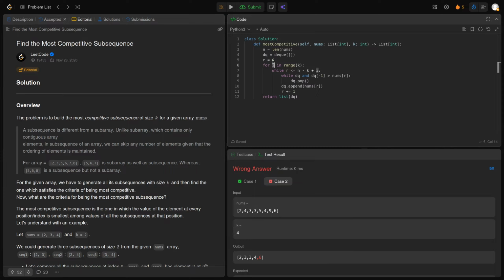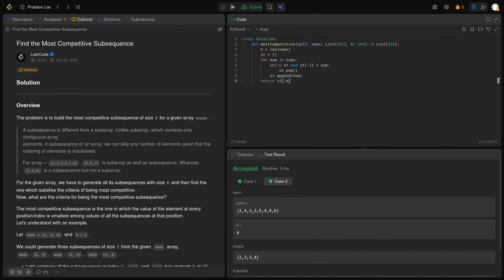Let's just try to replicate it. So that's it, and then for num, while stack and stack minus 1 is over num, stack pop, stack append num, if len like this.